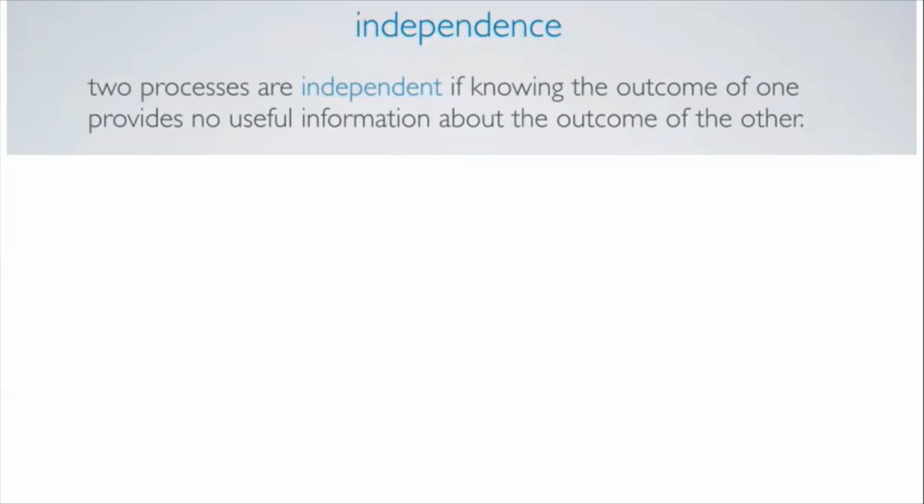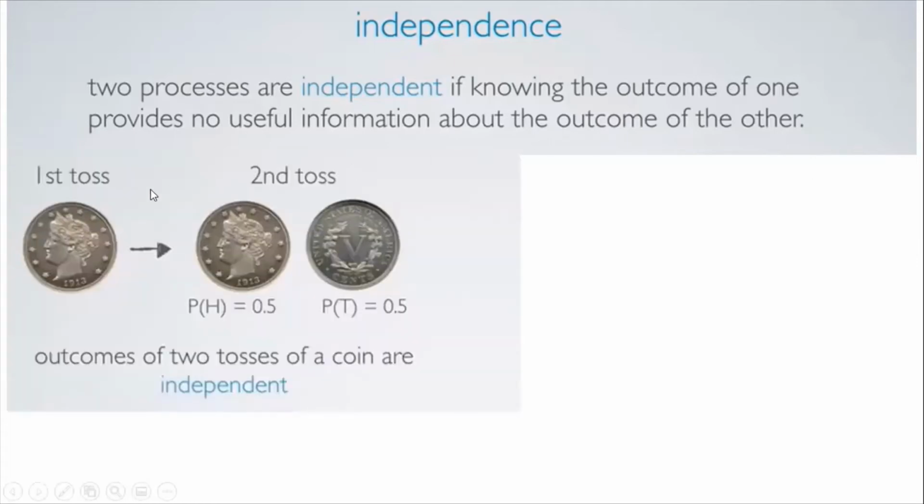So let's consider our coin tossing. When we toss the first time, we get one outcome. And when we toss the second time, we can get either head or tail. We don't know. When you get a head on the first toss, you cannot say we will get another head on the second toss.